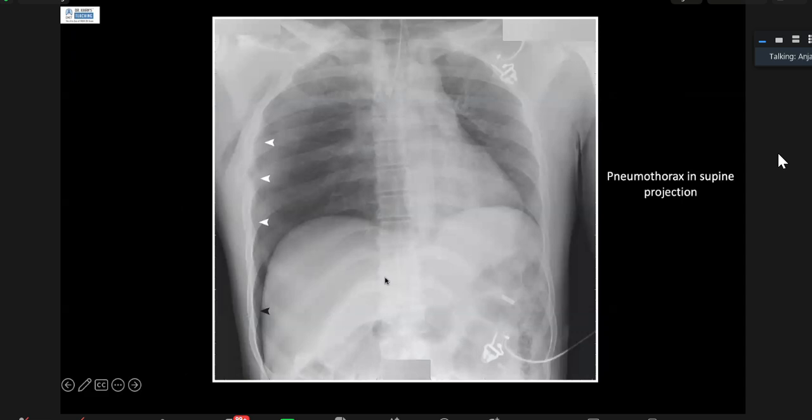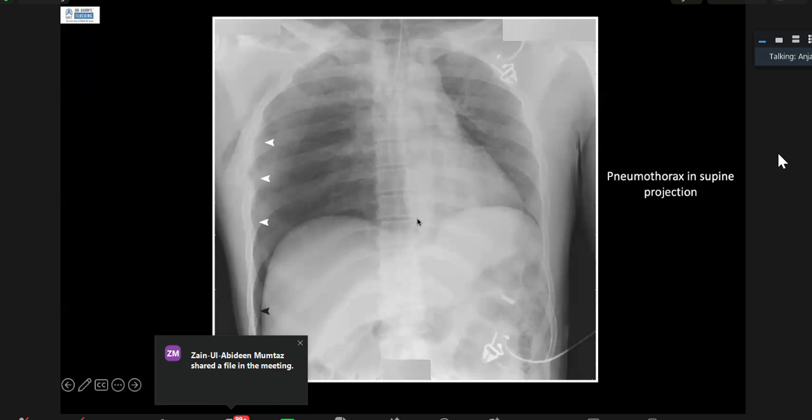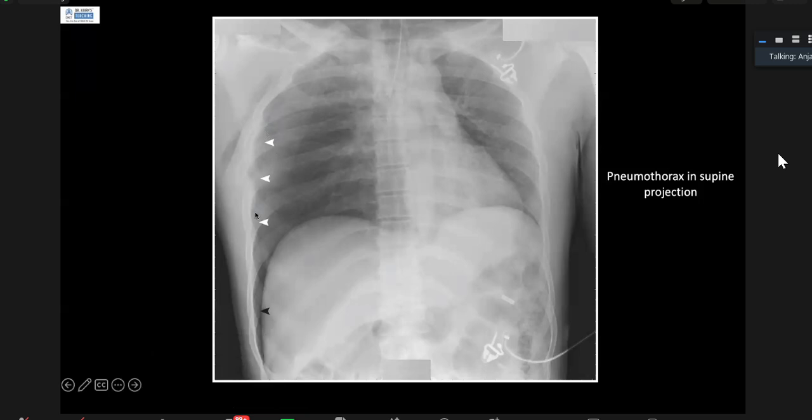So now we come to a concept, pneumothorax in supine projection. So until now, we were looking at X-rays where air had freely risen to the top. But when the patient is lying down, pneumothorax, free air in the pleural cavity would have a different distribution, okay? On this X-ray, we are actually seeing a pleural line here.